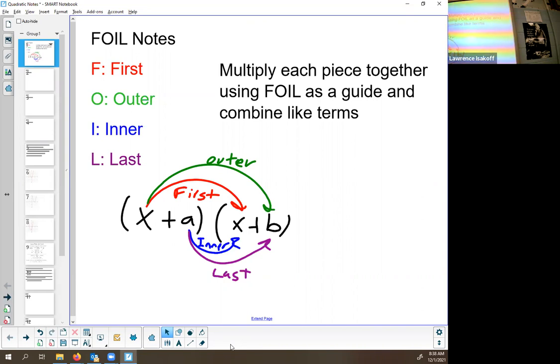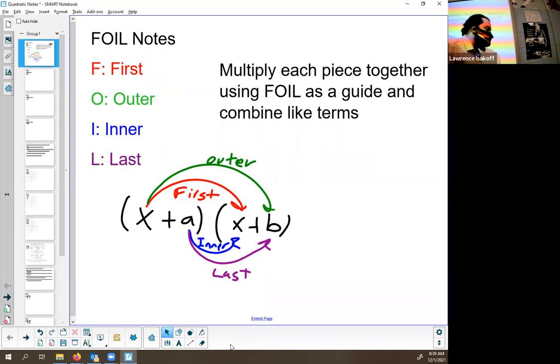So there are a few other names this goes by. Some people call this double distribution because basically, distribute the first term here, then distribute the second term. I like going with FOIL just because, again, it tells me what to do.